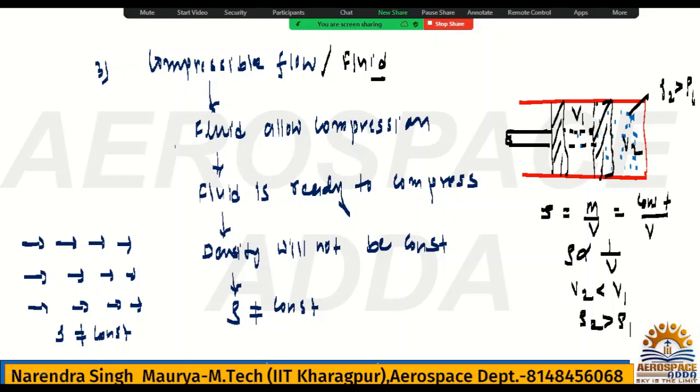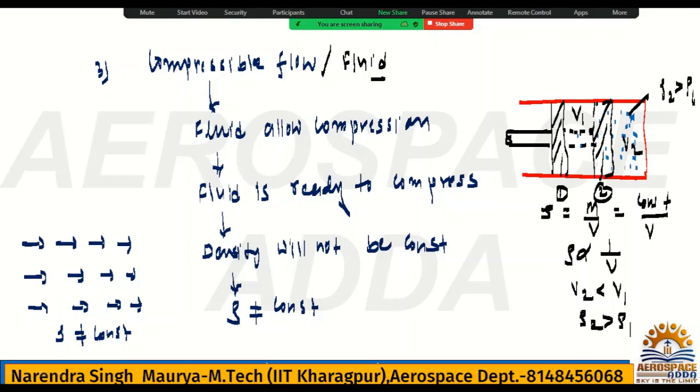And allow compression means what? The fluid is ready to compress, and if it is ready to compress, the piston will move from one position to another. This is position 1 and this is position 2. When the piston moves from 1 to 2, the volume will definitely change. In the second case, the volume will be less than in the first case. If volume changes, then since density is opposite to volume, density will change.